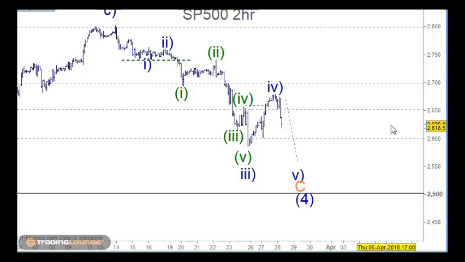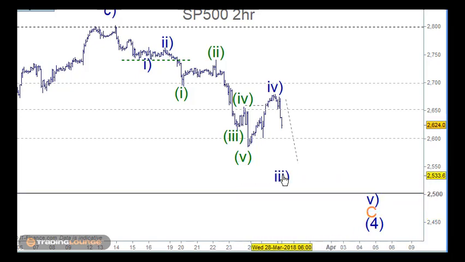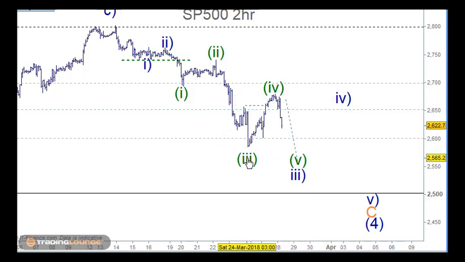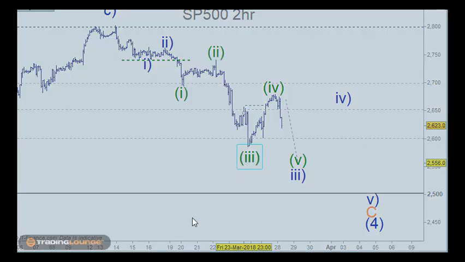But until that becomes a really nice stable support, we'll stay bearish at that point. I'm just going to move these back over here, as I'm quite sure this will come down to test this particular number through here. All right, I'll leave it at that. It's all pretty simple.